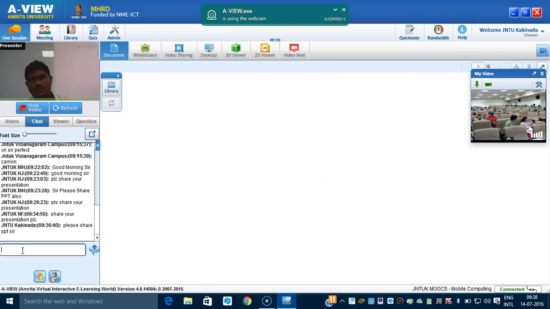Means when it roams from the home network to the foreign network, the mobile IP is allocated by the foreign network. It's called care of address.